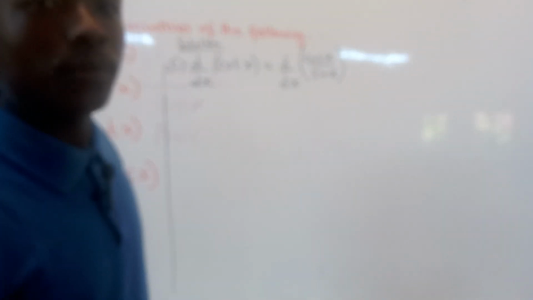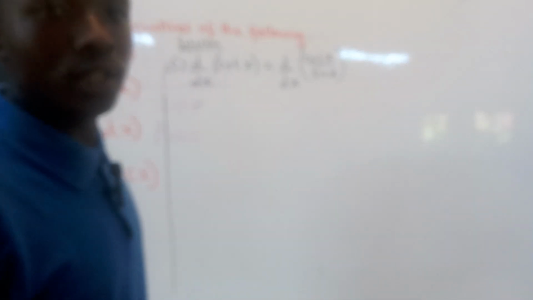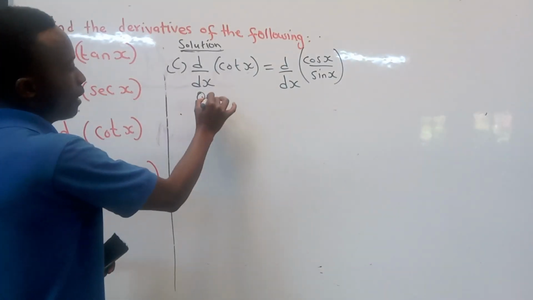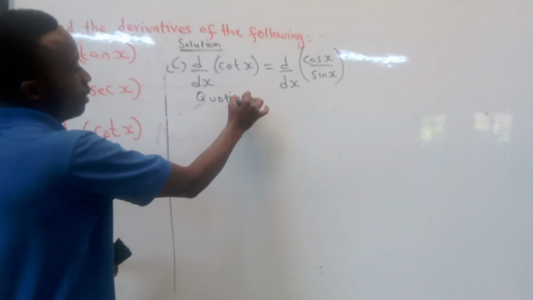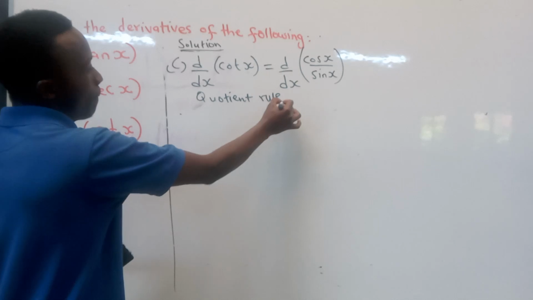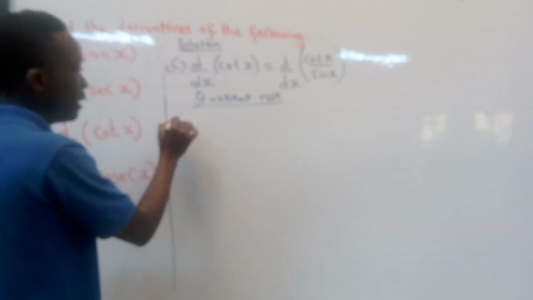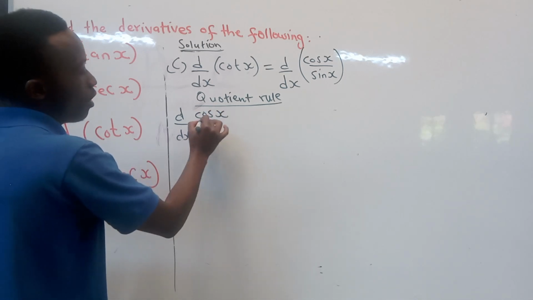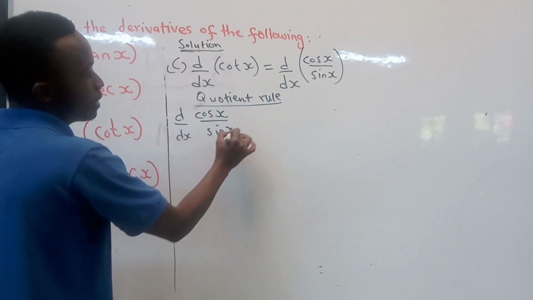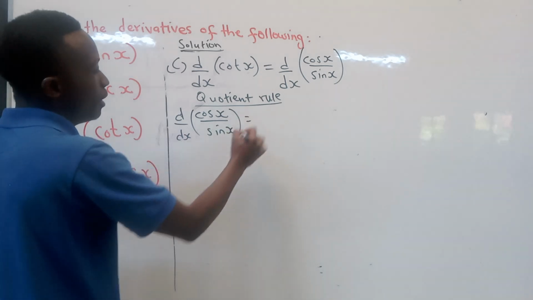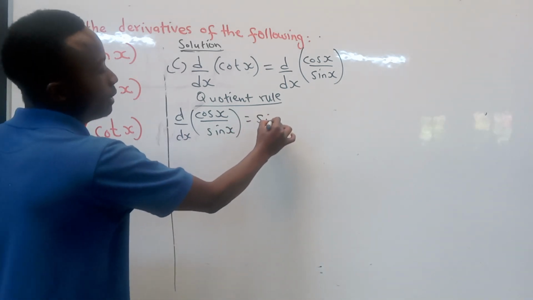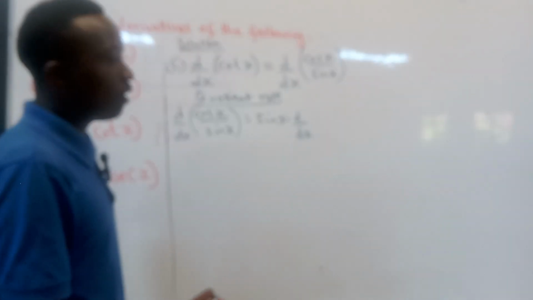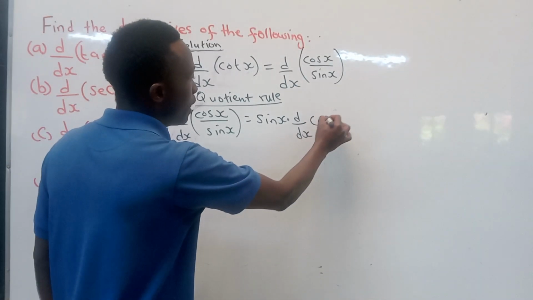And in that one, we are still going to use the quotient rule. And the quotient rule states that d over dx of cos of x over sine of x is going to be, we hold the denominator constant, then we differentiate the numerator, d over dx of cos x.